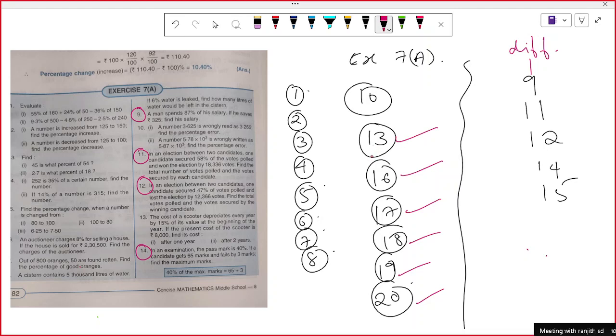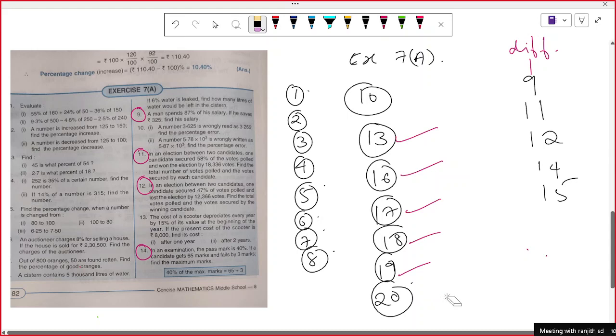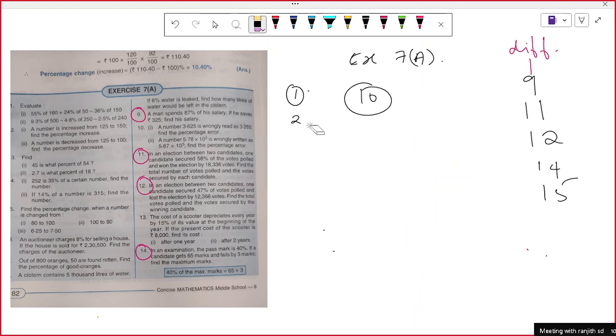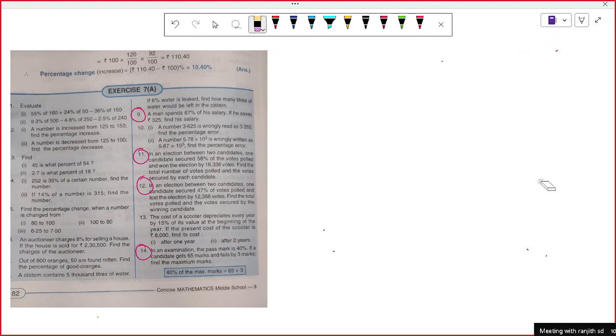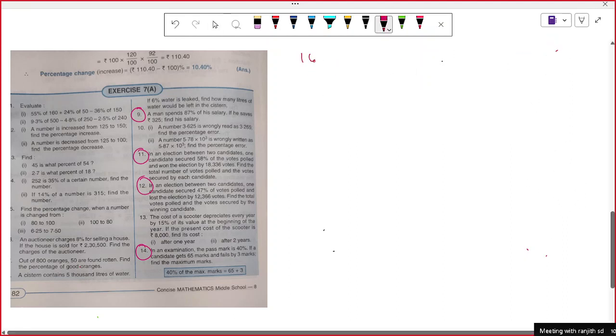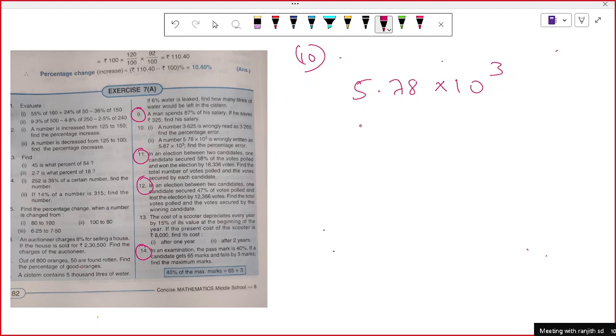Yes, sir, the 13th question. Shall I erase this? Look, yesterday I made you do the 10th question, second one: 5.78 into 10 to the power of 3.